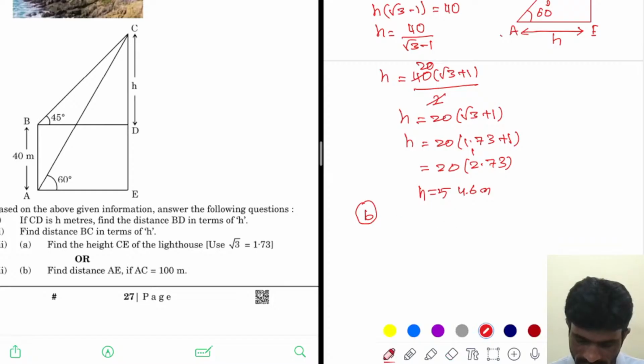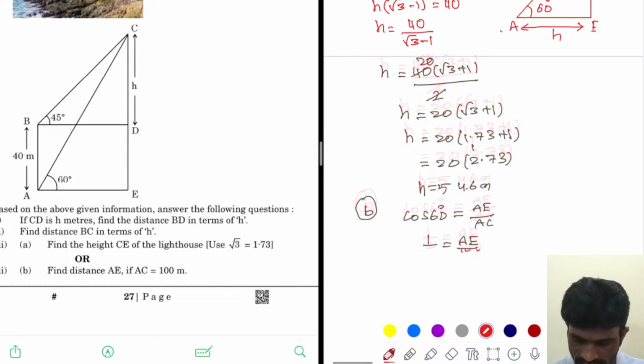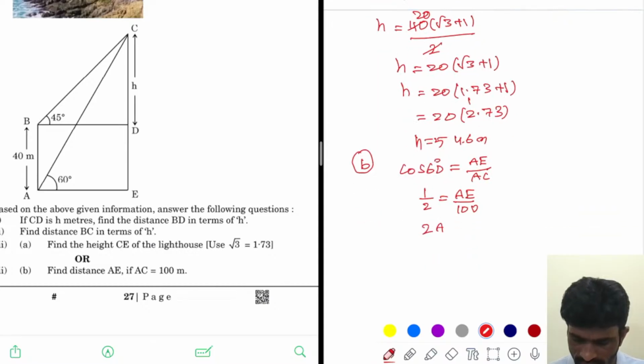Cos 60 degrees is equal to AE by AC. This 1 by 2 is equal to AE by 100. This is simpler than the previous. Then 2 times AE is equal to 100. Then AE is equal to 50 meters.